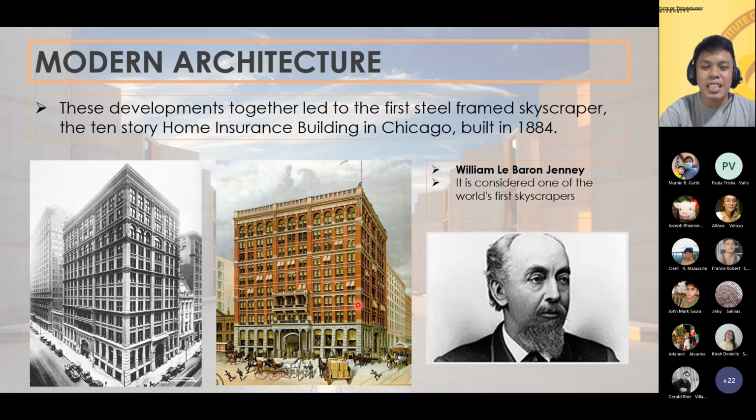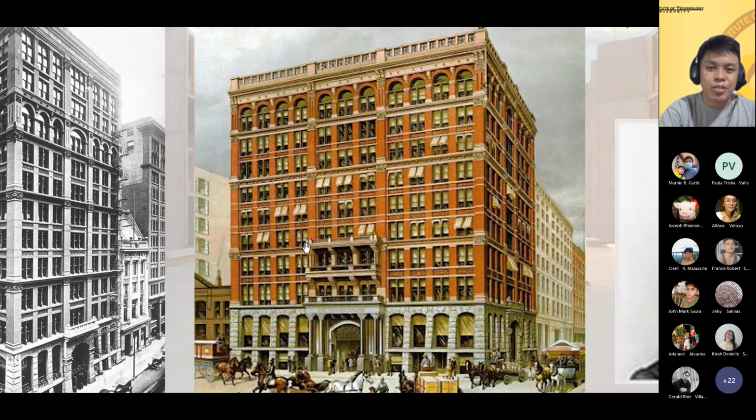Although di makita nimo, di ba, because ang iyang steel is nasa iyang pinaka inner portion. On the outer side, it is cladded with bricks. It is painted with this color and ornament. Nagbutang gyapon sila ornament because if you notice, they are still influenced by Renaissance architecture. So here makita nimo nagyapon yung mga arc.